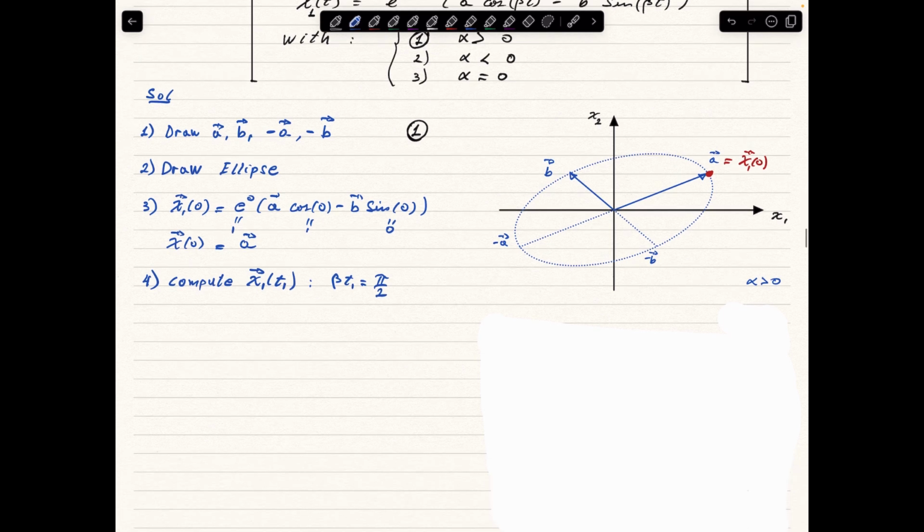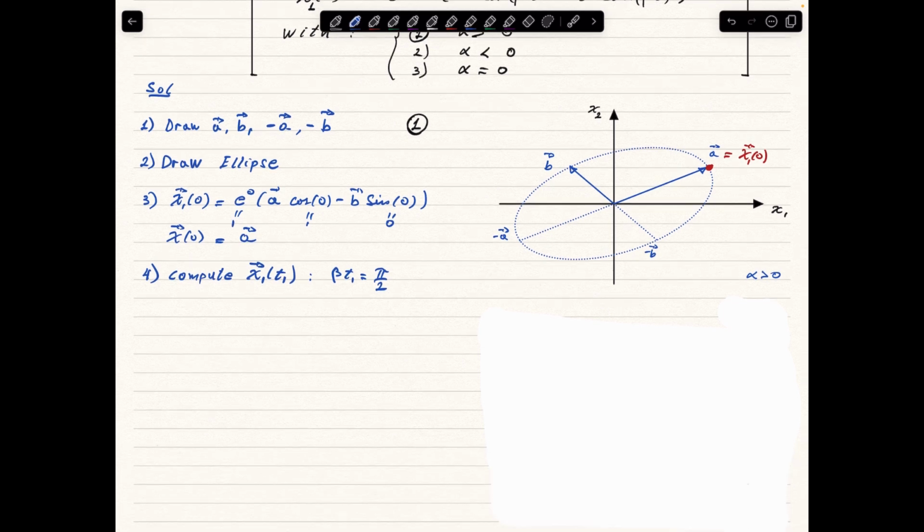But the important thing here is that the first fundamental solution x1 at that particular t1 is going to be exponential alpha t1, okay, we work on that in a minute, times cosine of pi over 2, because beta t1 is pi over 2, minus B sine of pi over 2.